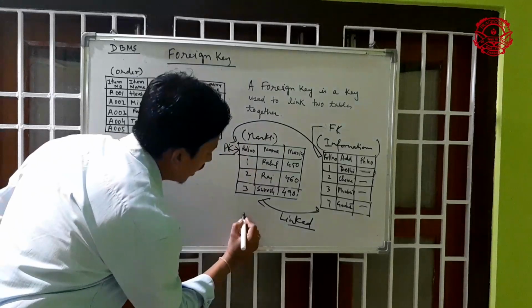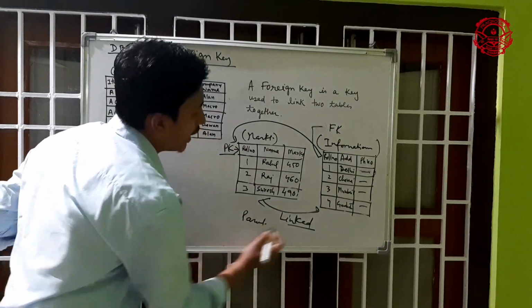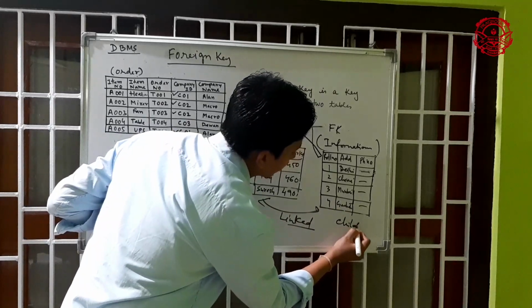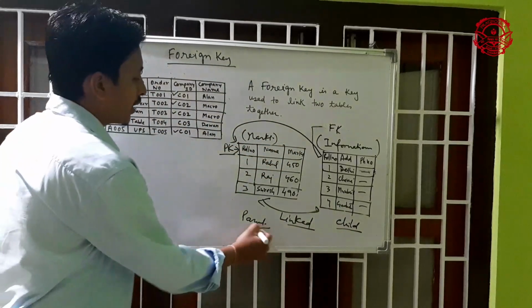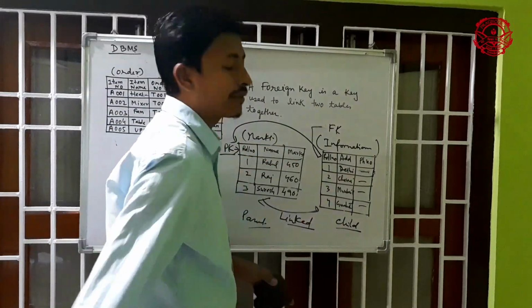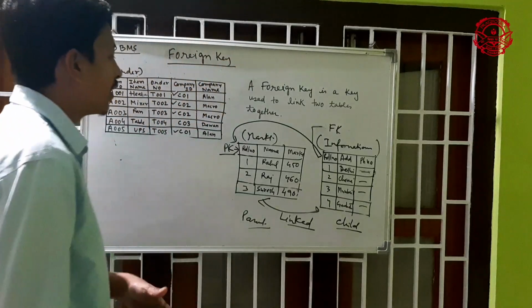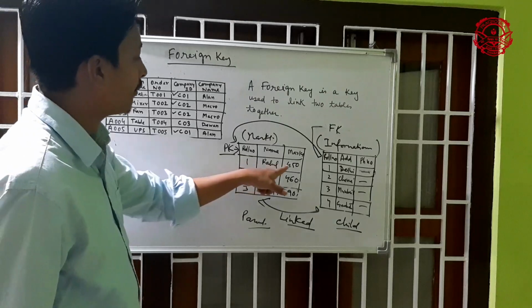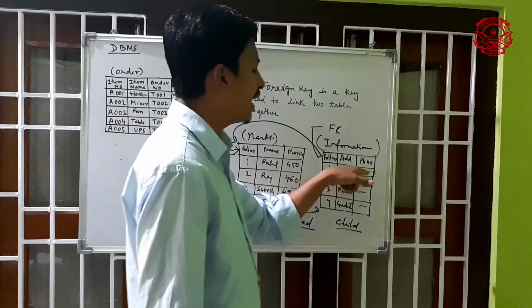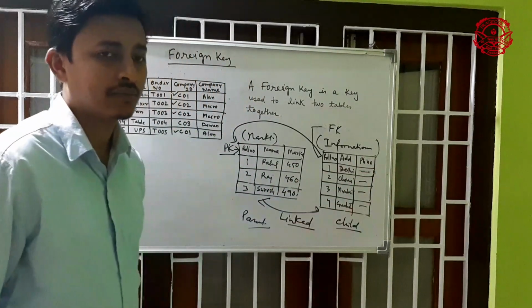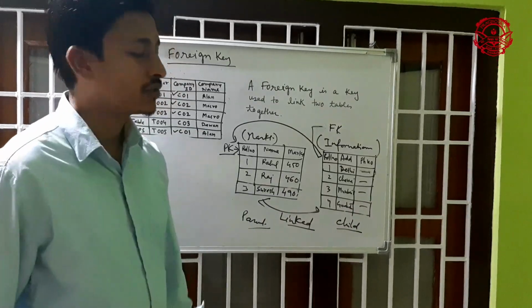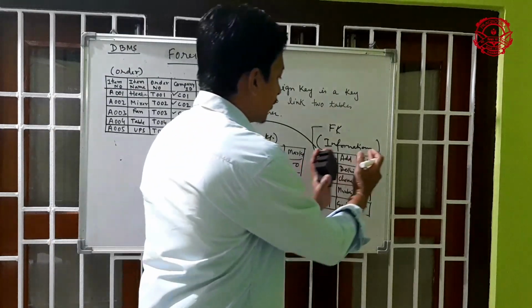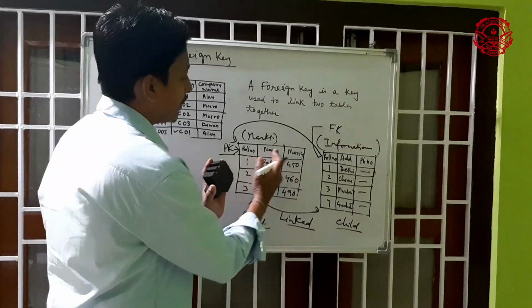This is called the parent table and this is called the child table. This is called the reference table and this is called the referencing table. Now if I want roll number 1, the name is Rahul, marks 450, his address is Delhi and there is a phone number. Address and phone number are in one table, but only name and marks are here.